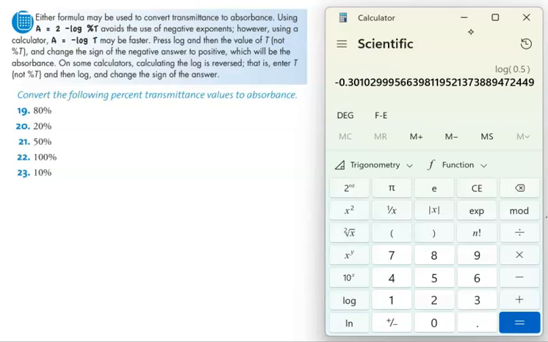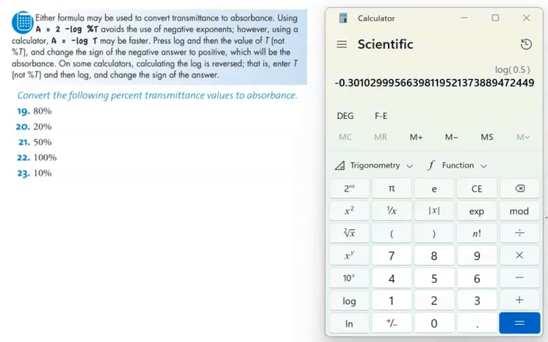So we need to change our sign. So the answer for 21 is going to be 0.301.